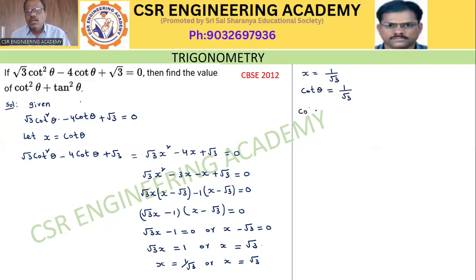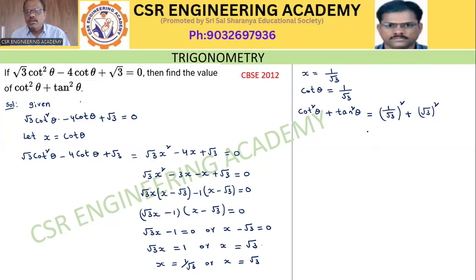Cot square theta plus tan square theta is equal to, here cot square theta is equal to 1 by root 3 whole square, plus tan theta is equal to reciprocal of cot theta, that is 1 by root 3 is equal to root 3, so tan square theta is equal to root 3 whole square.